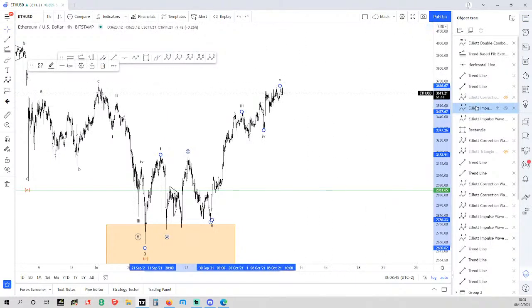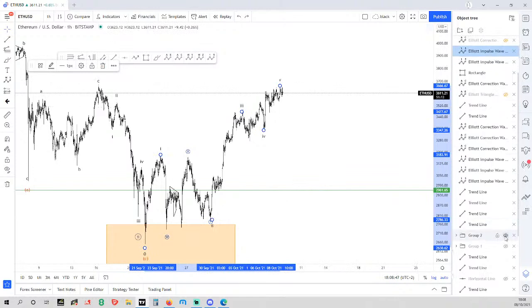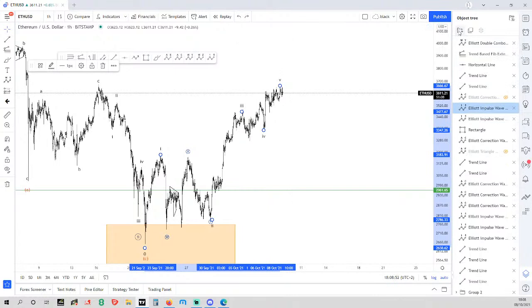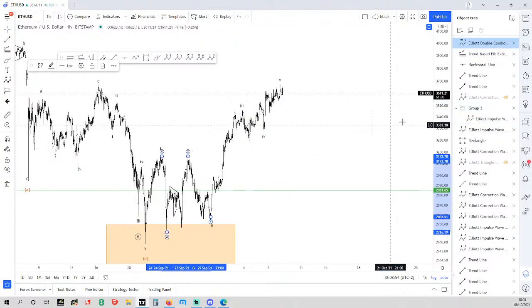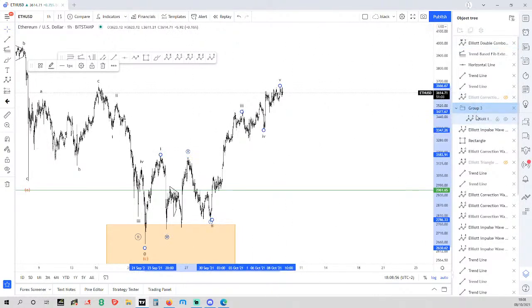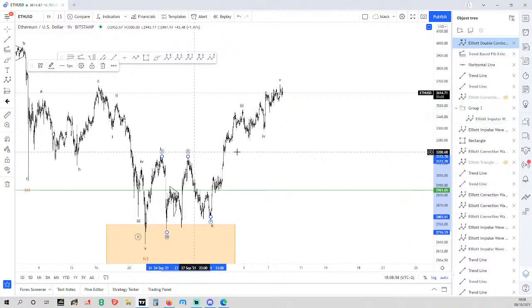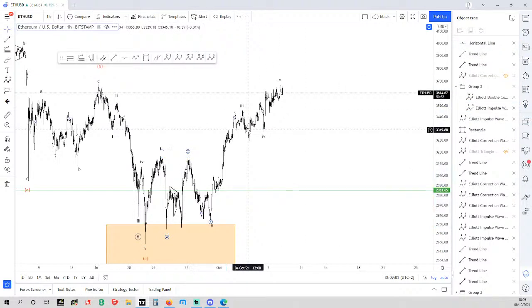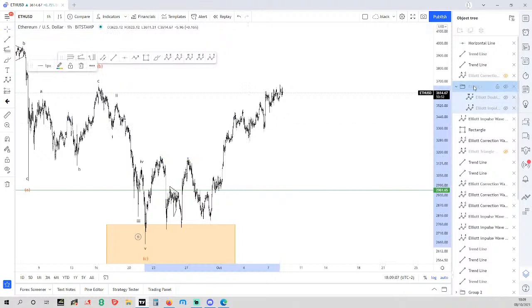Let me not hide, but perhaps I want to create a folder. Let's call it, I'm just going to name it right here so that I don't forget, bullish short term.